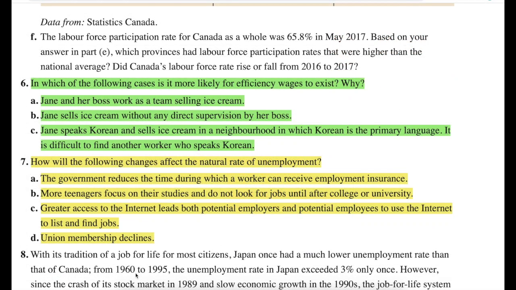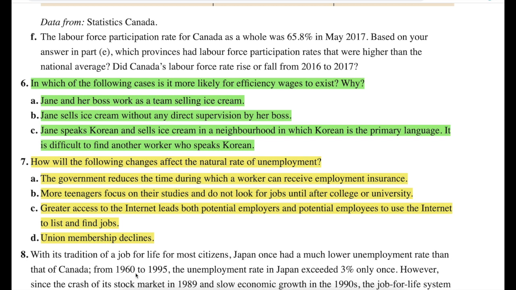In problem 6, we are figuring out if in any of the cases below an efficiency wage will be paid. In A, Jane and her boss work together, so the boss can monitor Jane constantly. It is less likely that an efficiency wage will be paid in this case. In B, however, Jane sells ice cream without any direct supervision by her boss.